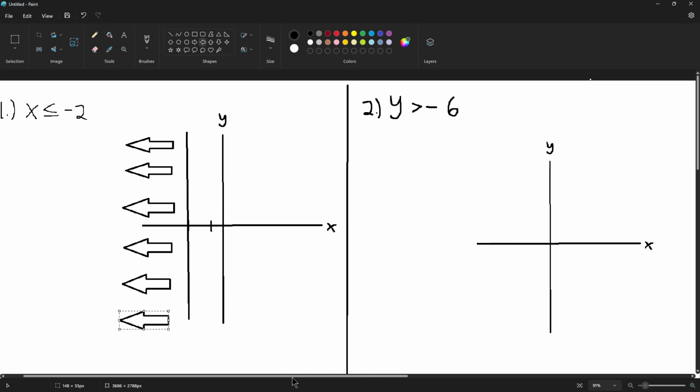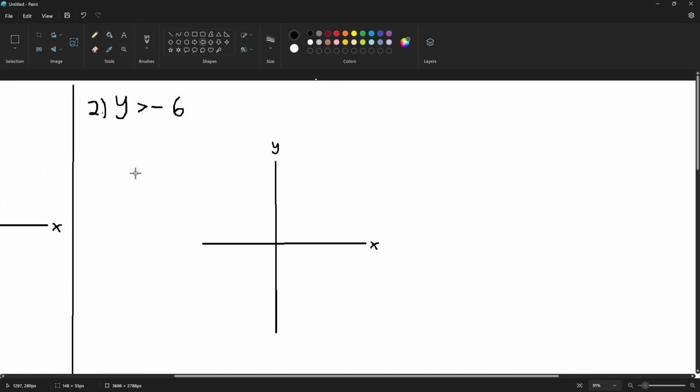Let's go to number 2. For this case, it's y is greater than negative 6. Since y is vertical, it means that we will count negative 6 vertically. So, in this case, it's 1, 2, 3, 4, 5, 6.